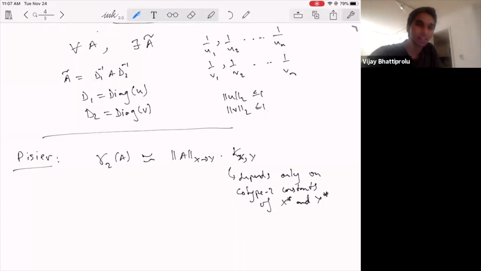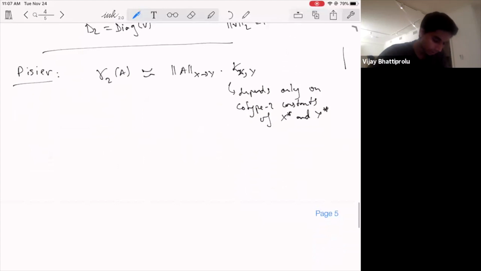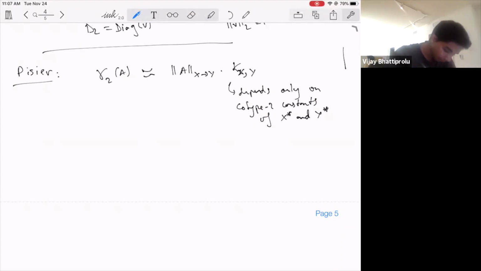Thanks, Avi. Right, so PCA proved this more general theorem, and both Grothendieck's theorem and PCA's theorem have two components. So the proof has two components.